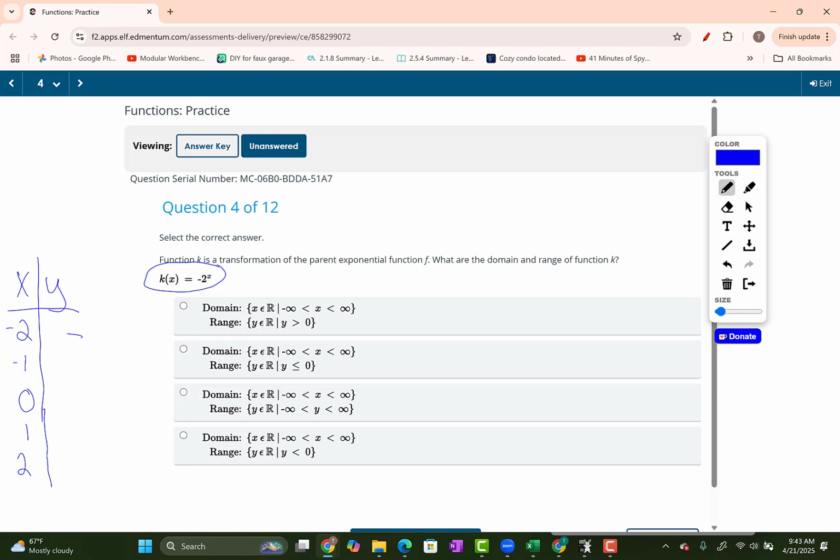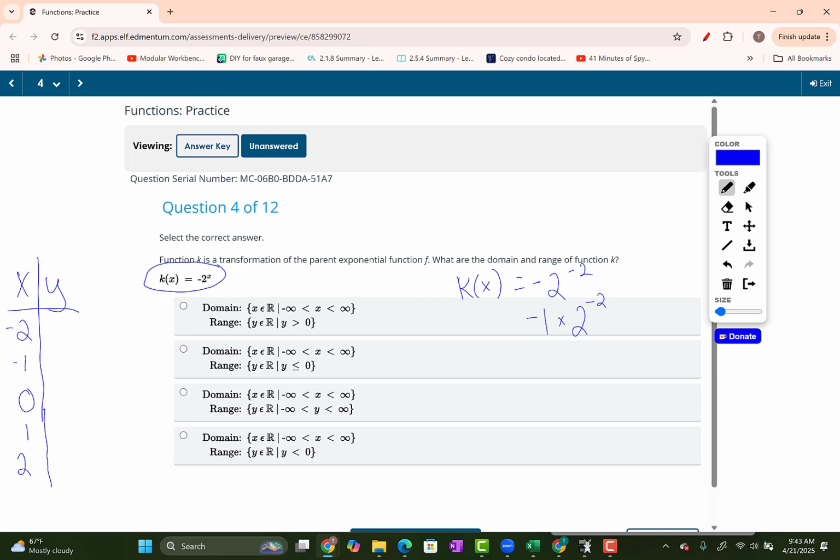So first off, we're going to take -2 and insert it for x in this function. So k of x equals -2 raised to the -2 power. Now, one place you're going to be really careful is what this really is. This is a -1 times 2 raised to the -2 power.